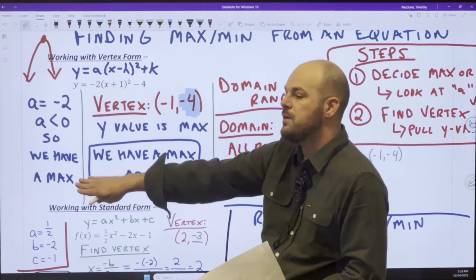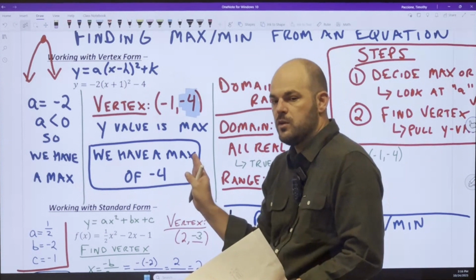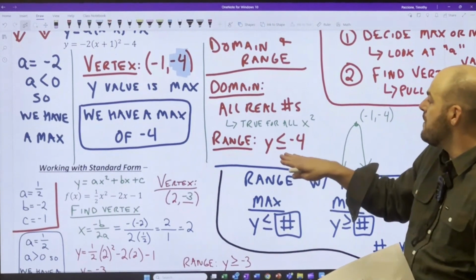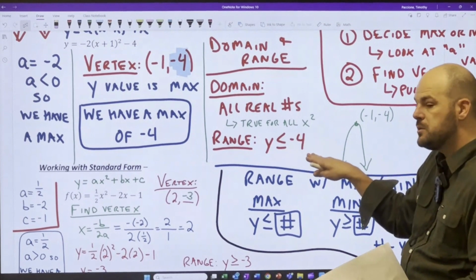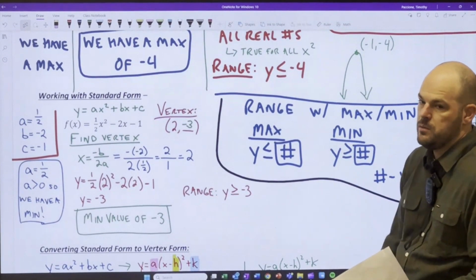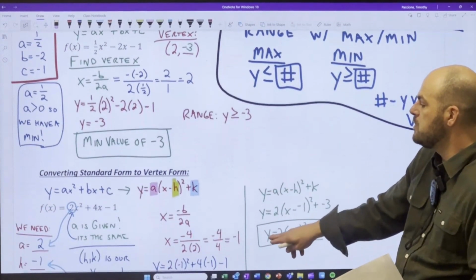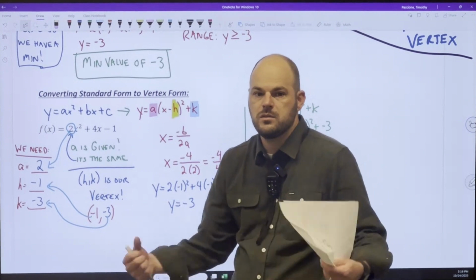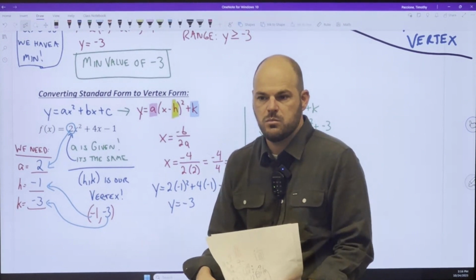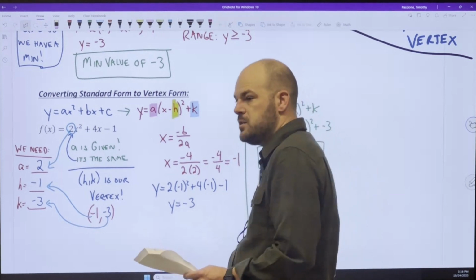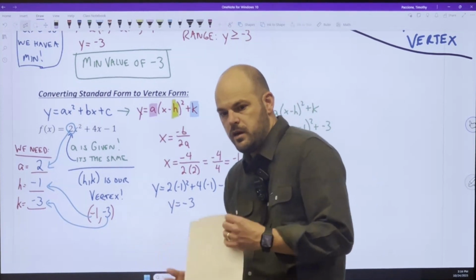So first we decide if we have a max or a min, then we find our vertex, we take the y value. For our range, if we have a max, y is less than or equal to that y value. If we have a min, y is greater than or equal to that y value. And if we want to convert, again, we need our A and we need our vertex, so it's very much related. We just plug them in once we find them. Okay? All right, questions? All right, do your homework.